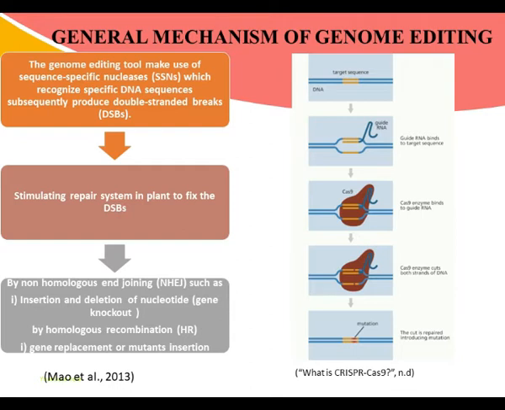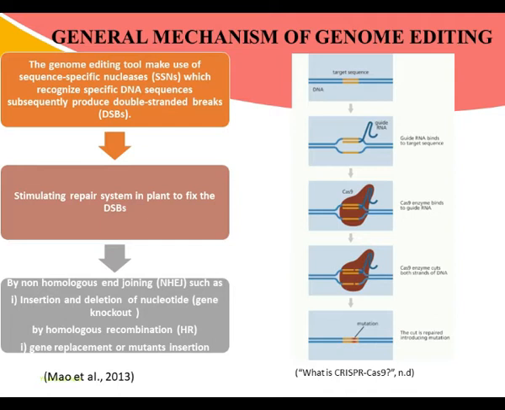There are two pathways of genome editing, which are non-homologous end joining, NHEJ, such as insertion and deletion of nucleotides, and homologous recombination (HR), for example gene replacement or mutant insertion.